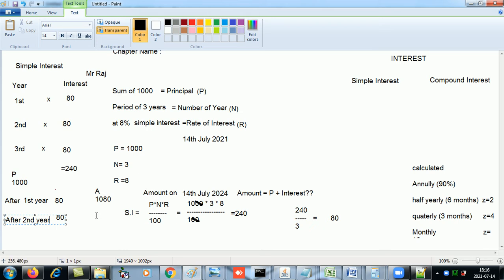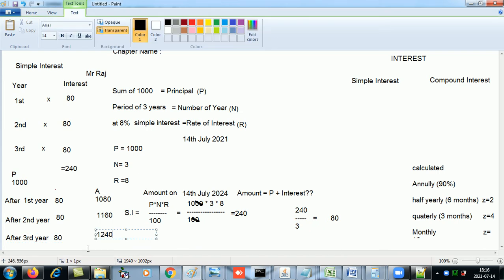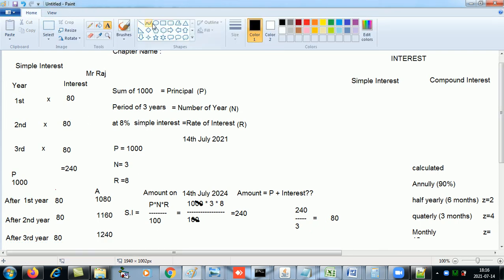So amount became 1080 plus this became 1160. And after third year, interest got added was 80. So the amount became 1160 plus 80, 1240. So this was the final amount he will get after 3 years. Am I understood with simple interest?